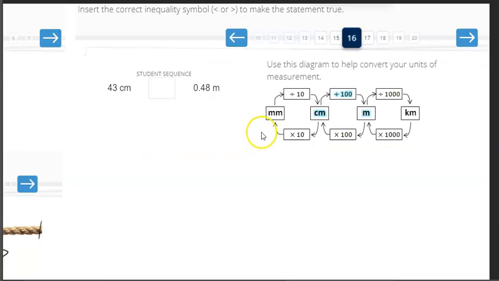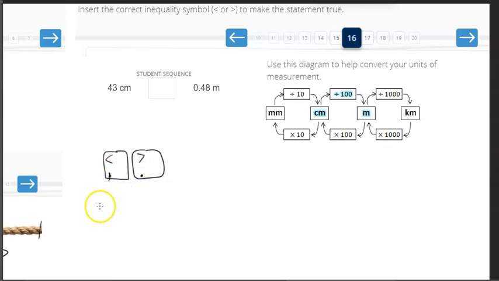This last question here is saying that we have to insert the correct inequality symbol, which is either less than or greater than, to make the statement true. You just have to remember that we need to press Shift, and then there are two buttons on your keyboard. They look like this with a comma, or this with a full stop.